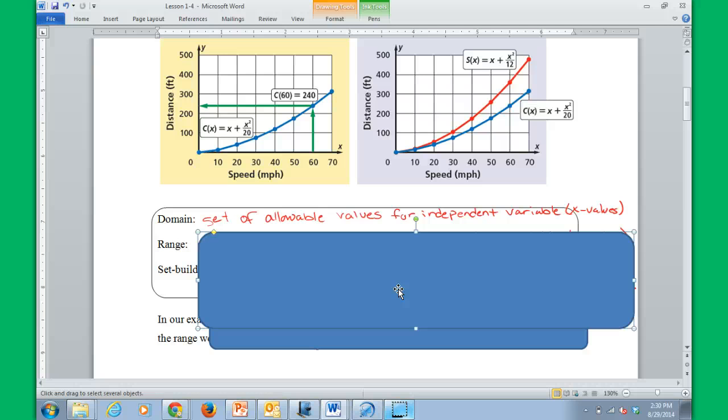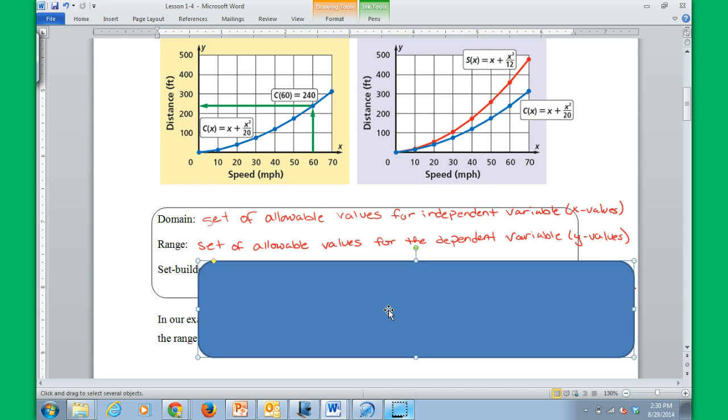Those are the x values, the ones on the horizontal axis. Another way of thinking of it is what is possible for x in this case. The range is the same thing, but for y. What is possible for y? The dependent value.